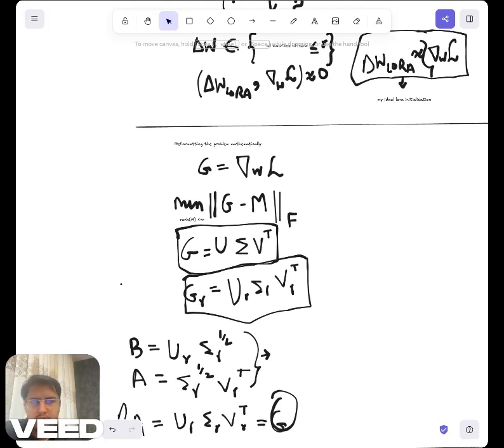We computed its truncated SVD, we used it to initialize A and B, and honestly, at this point it's very tempting to think that great, problem solved. We'll just use SVD and we're done.